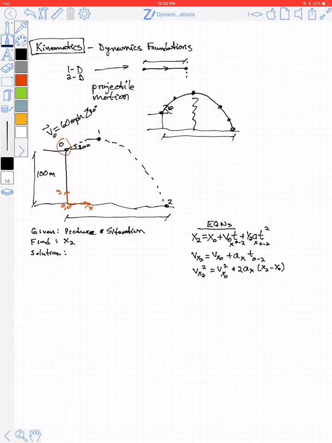And when you've done enough of these, you start to get a sense of which equation to start with. What I like to do is start with the equation for position, this equation, in the y direction, and see what my unknowns are. So I'm going to take my solution, and step 1 over here is going to be y2 equals y0 plus initial velocity in the y times time plus 1/2 acceleration in the y times time squared.